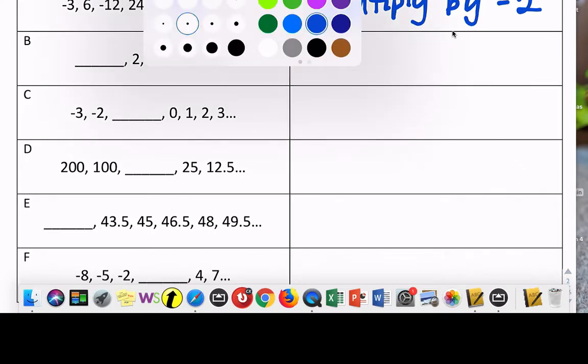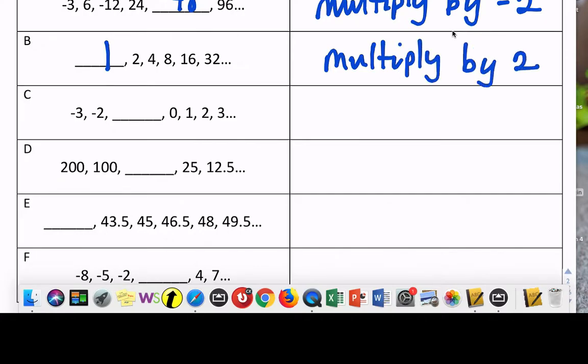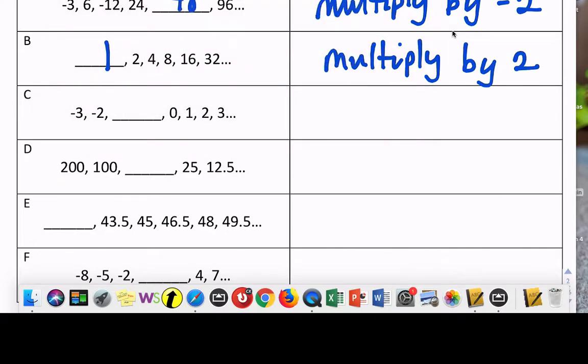We take a look at the next one. It is 1. I'll keep this 1 right here. And to get the next term in the sequence, you're going to multiply by 2. All right, the next one, the missing term would be a negative 1.